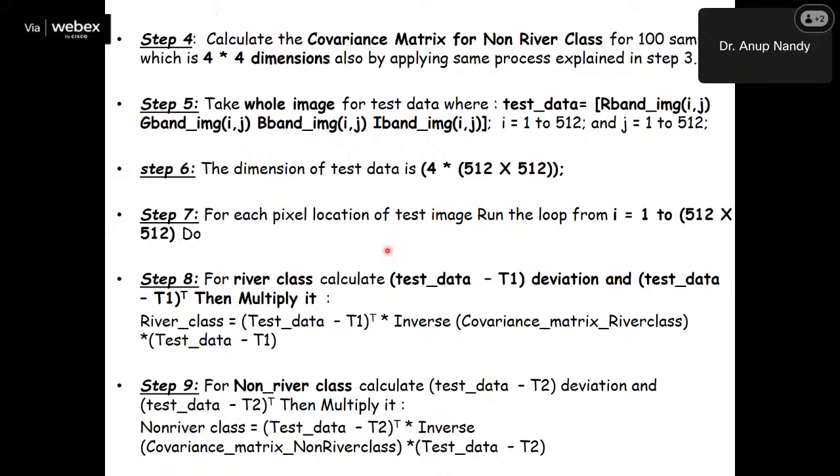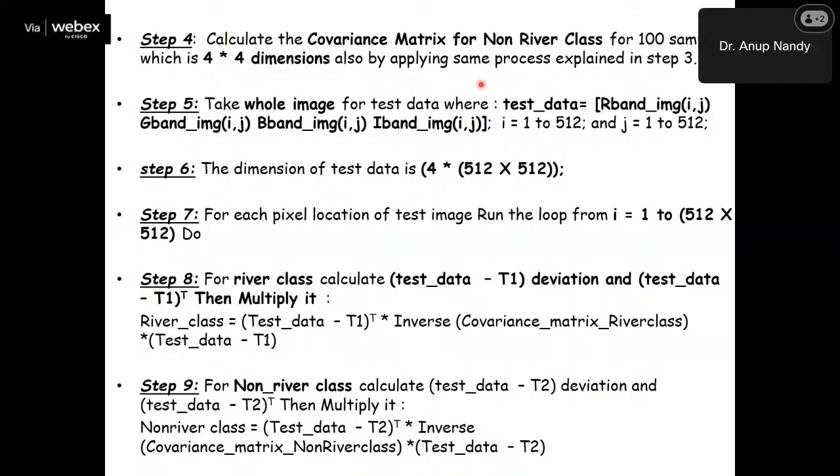Next, we have to calculate the covariance matrix for the non-river class, because you are going to solve this 2-class classification. So you need to estimate the covariance matrix for the first class, omega 1, and the covariance matrix for omega 2. Omega 1 is the river class, omega 2 is the non-river class. For your non-river class, you need to apply the same procedure. You get 4 cross 4 dimension also, because although the data points are larger here, the dimension will be the same. A total of 16 values will be there in the covariance matrix.